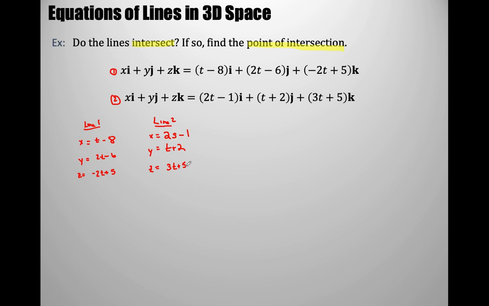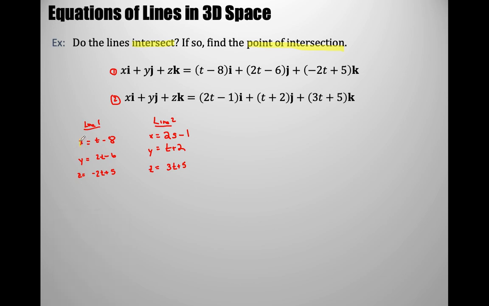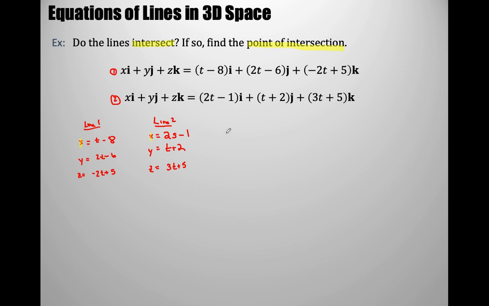So, what am I going to do here? I need to know if these x's, for the x position, do I get to the same place at the same time? So I'm going to set them equal to each other.